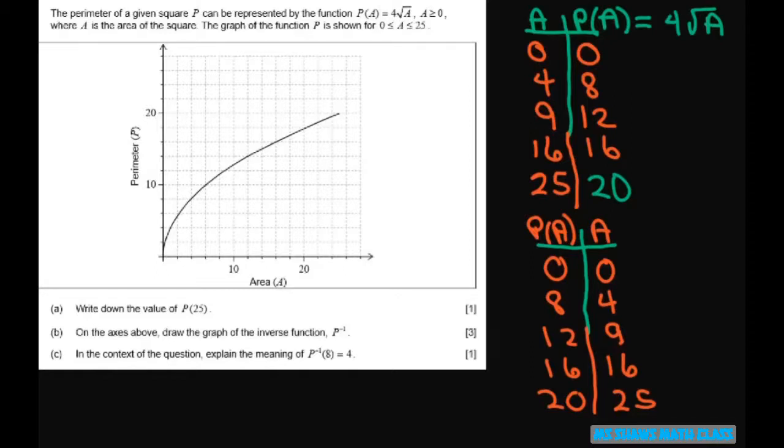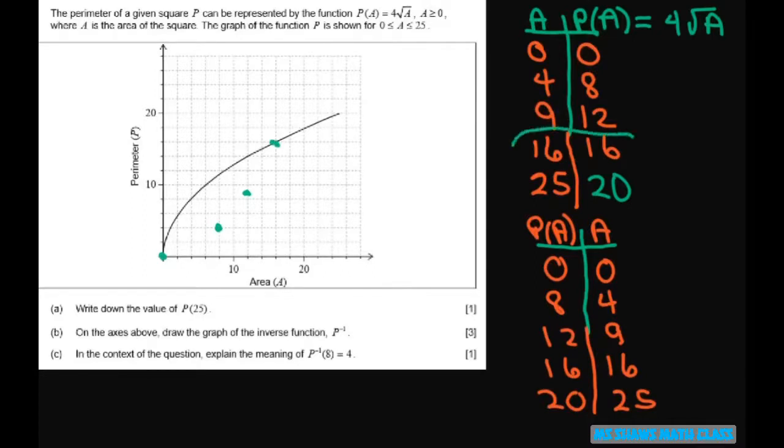So we have 0, 0, 8. This goes by 2s. 8 maps to 4. 12 maps to 9, so 9 is about there. 16 maps to 16, so that matches up.